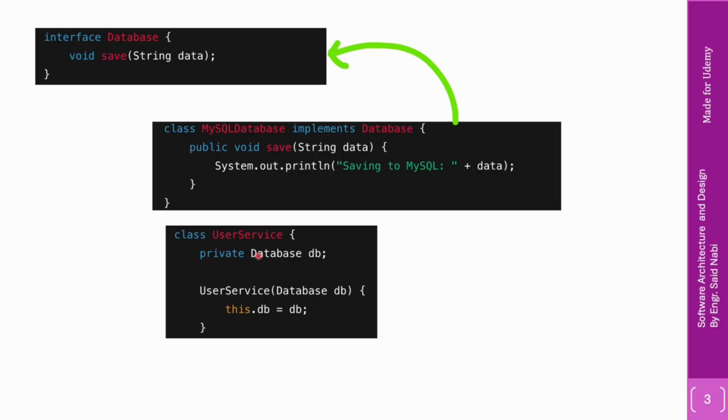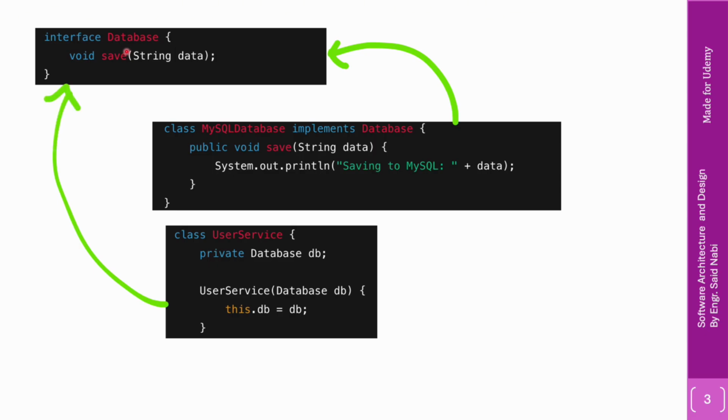Now this high level module is not dependent on the concrete implementation. Rather than depending on the concrete implementation, this class is now dependent on the abstraction, and the abstraction here, you can see, is this interface.